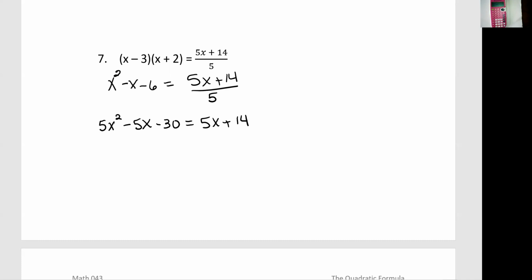Then I need to subtract 5x from both sides. And then subtract 14 from both sides. Now, from this point, I can solve. I'm going to use a quadratic formula. A is equal to 5, B is equal to negative 10, and C is equal to negative 44.